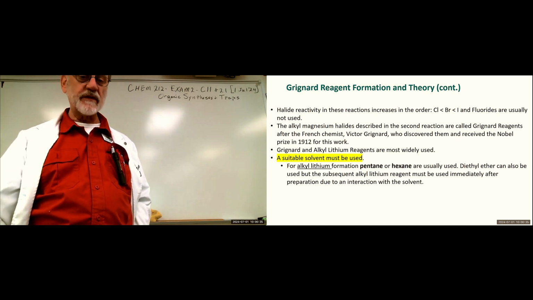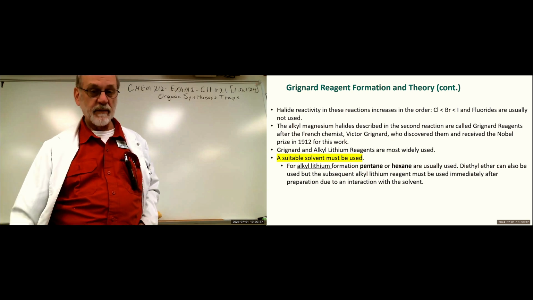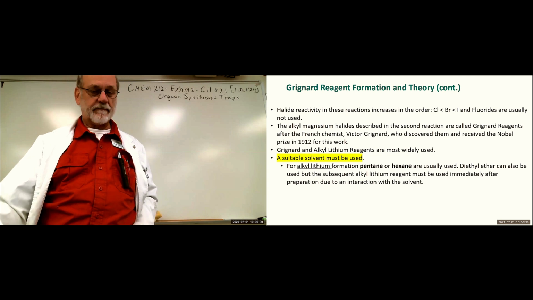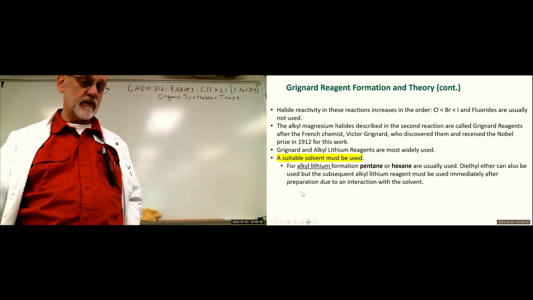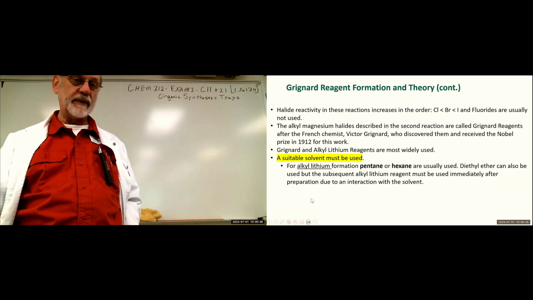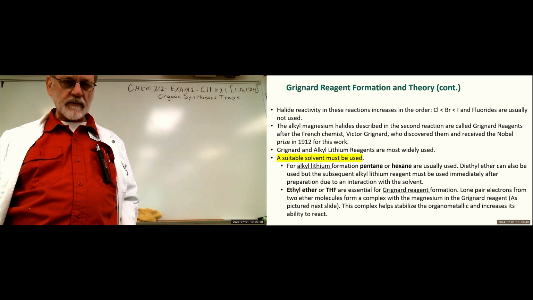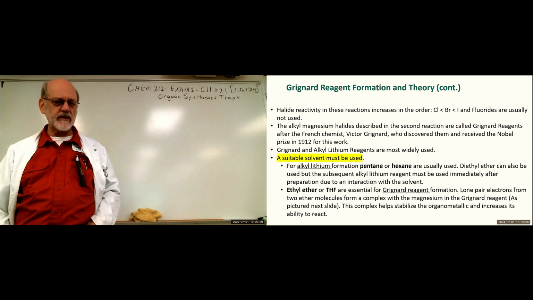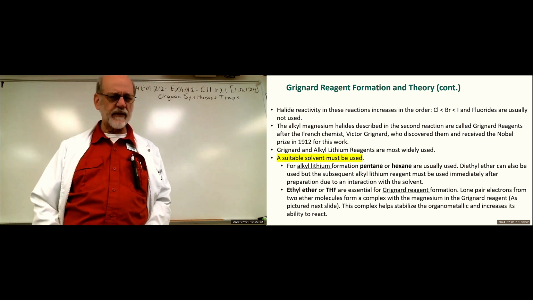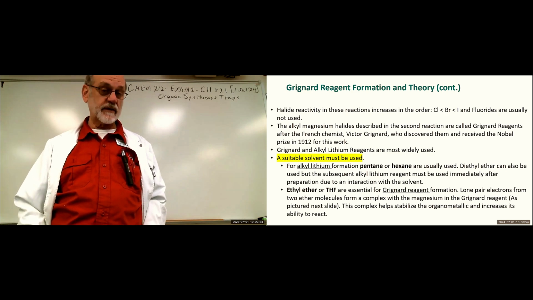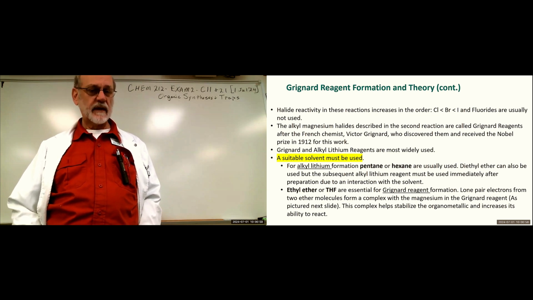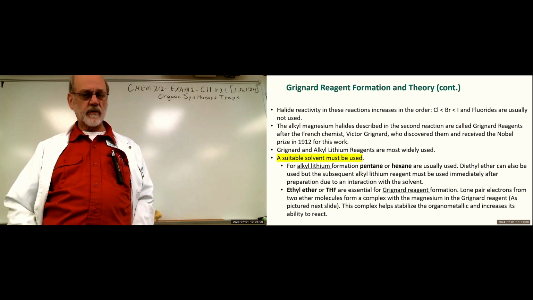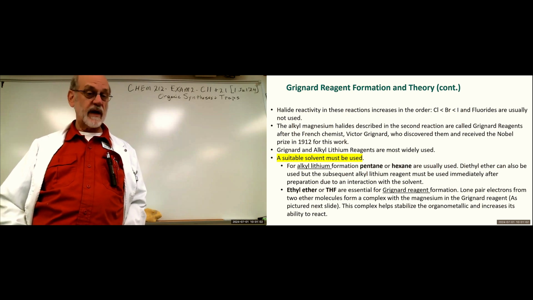You have to prepare these alkyl lithium reagents immediately before you use them, so that's part of your reaction workup. For the Grignard reagent, usually diethyl ether or tetrahydrofuran are used. So they're aprotic also.